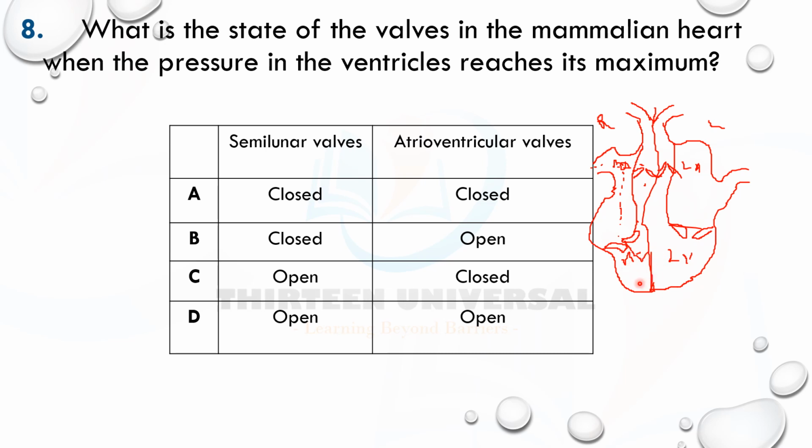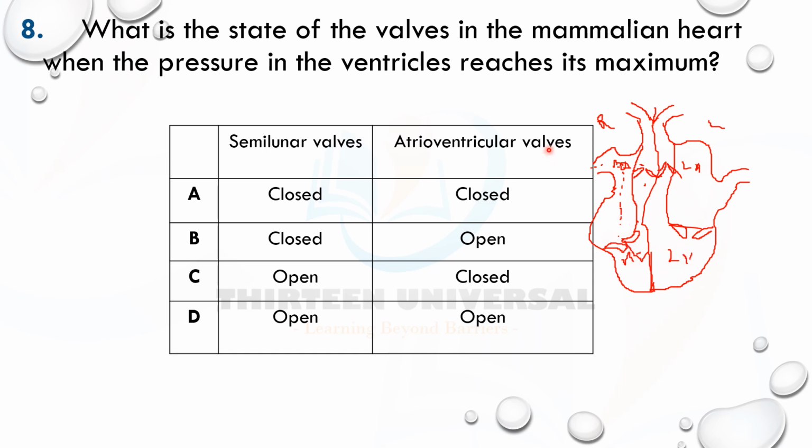Because they are relaxing, the pressure in both atria is greater than the pressure in the ventricles. So the valves open, so that blood can flow from the left atrium to the left ventricle, and from the right atrium to the right ventricle.